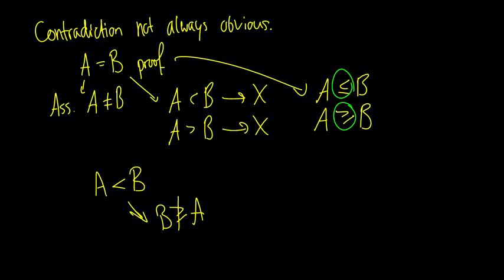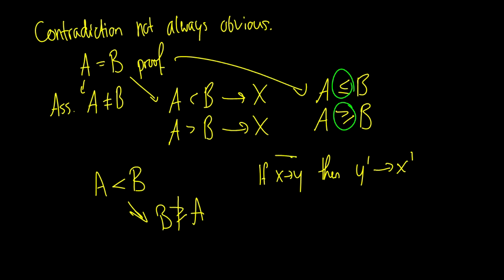What if you have an if x then y, then not y arrow not x? That would be a bad example. What if then y prime arrow x prime? You have something like this.